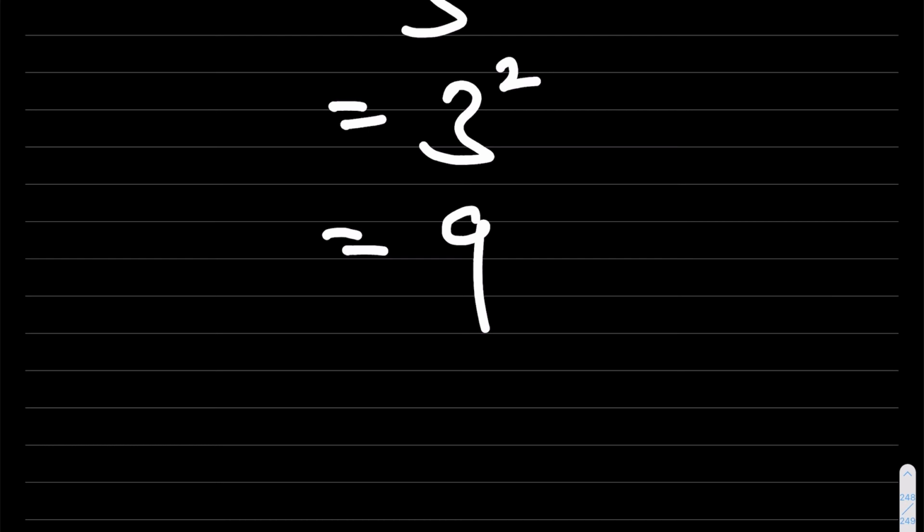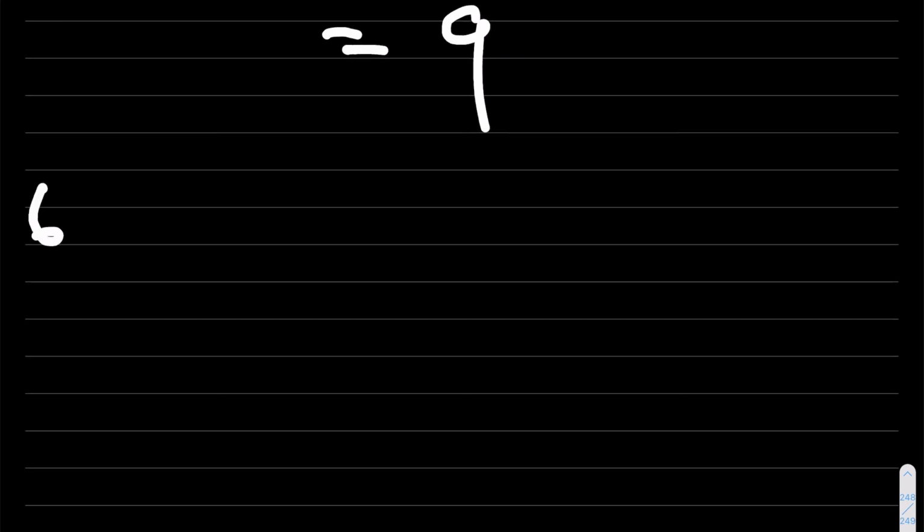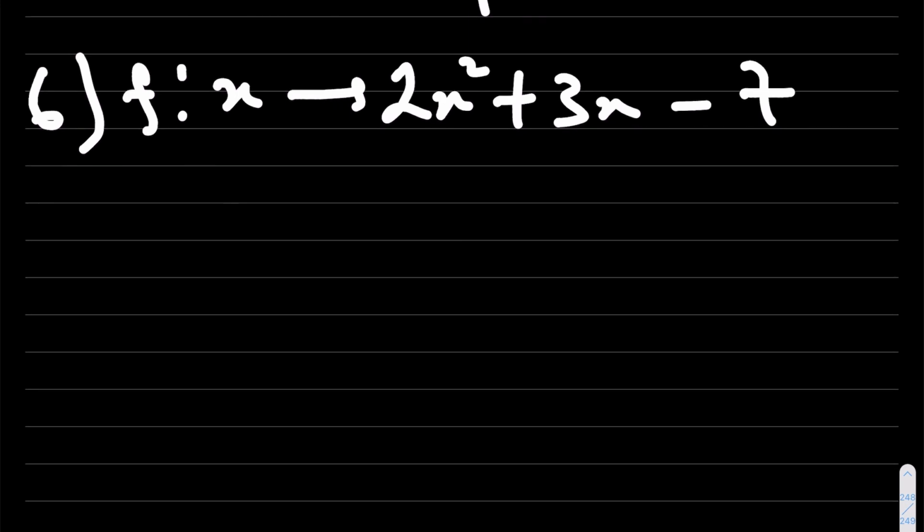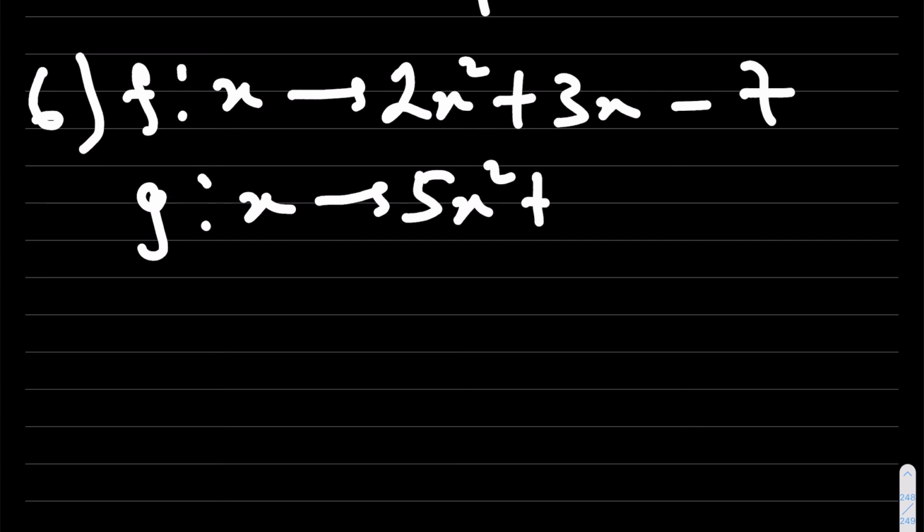The next one is number 6. The function f given by 2x squared plus 3x minus 7, and the function g, which is given by 5x squared plus 7x minus 6.